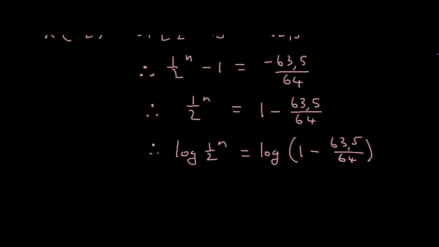And we now can use this rule. The log of a to the m is m times the log of a. So we can write the n here in front of the log.